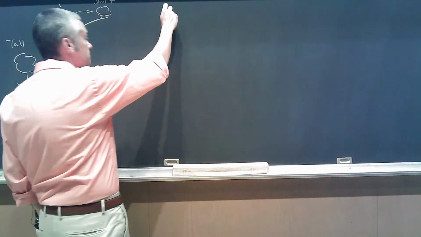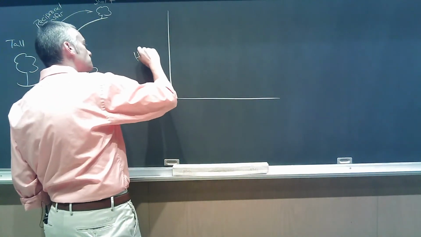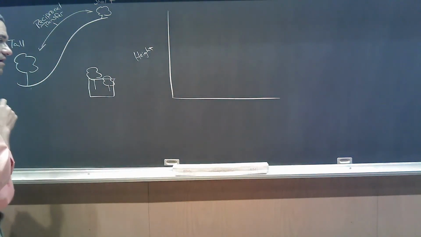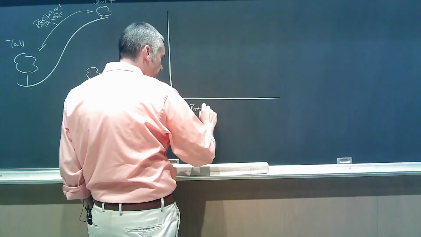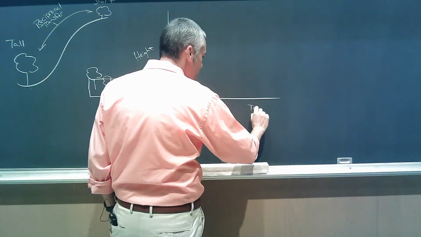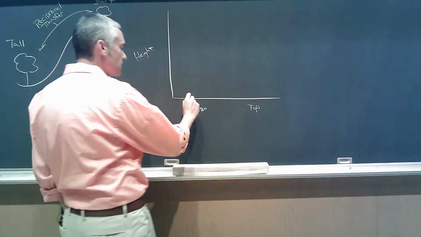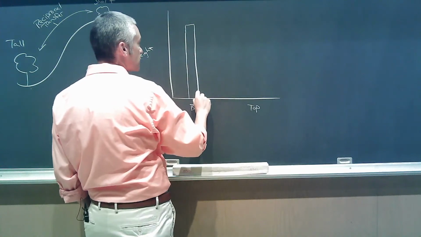So, this is what we do when we grow it. So we have bottom of the hill, and we have top of the hill. All right, so at the bottom of our hill, we have one phenotype that grows tall. All right.